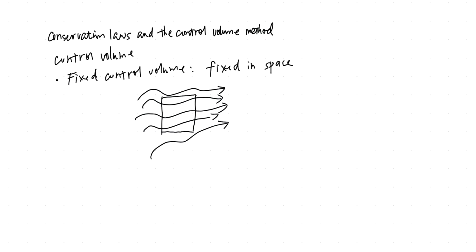And the second type of control volume is called the moving control volume. Those control volumes are not fixed in space, but move with material.